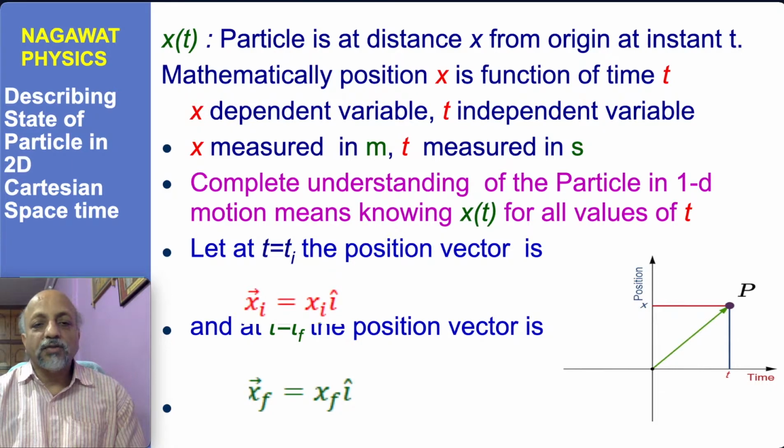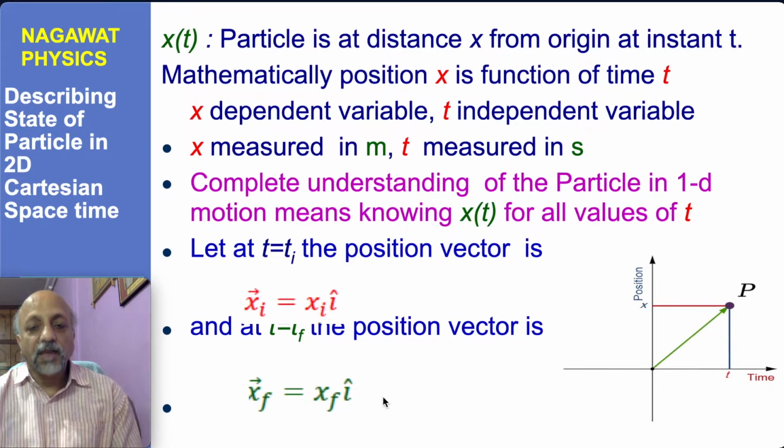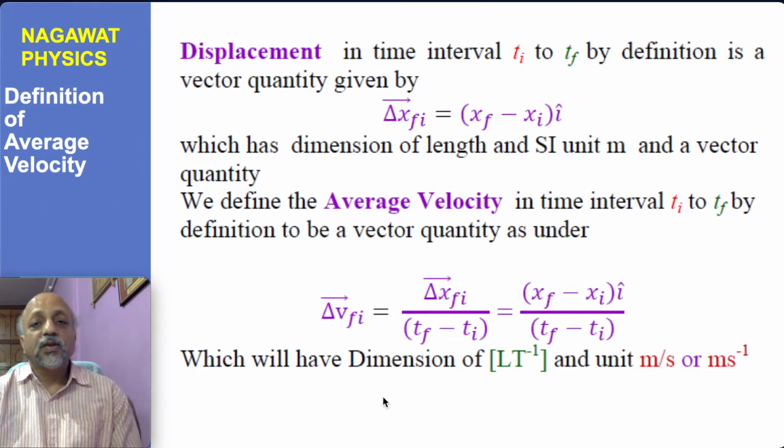So at a particular instant ti, let the position vector be given by xi. So xi is the position vector at instant ti and xf is the position vector at instant tf. Then we can define displacement as earlier.